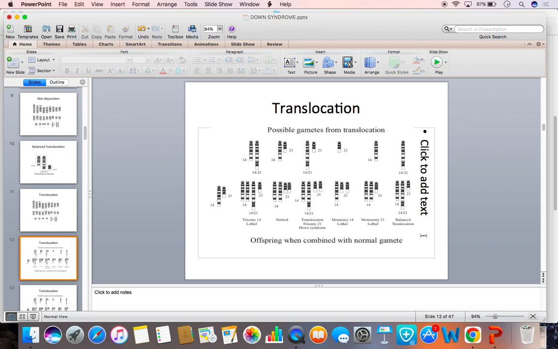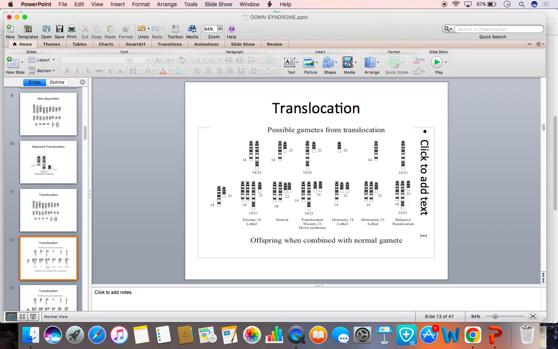So the resultant individual will have one copy of 14, one copy of 14/21, and one copy of 21. And like this, there is the translocation.